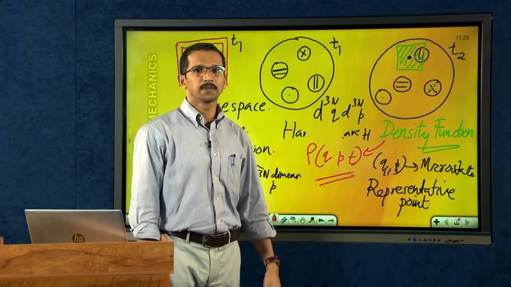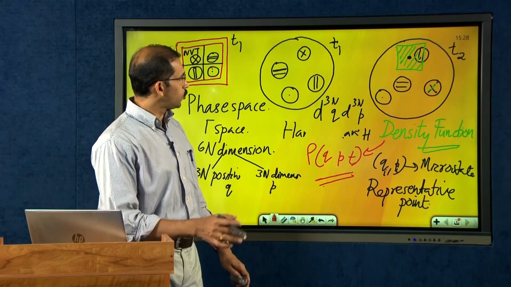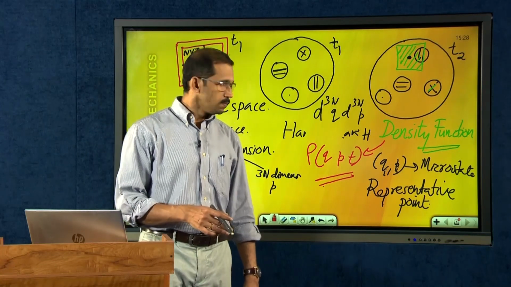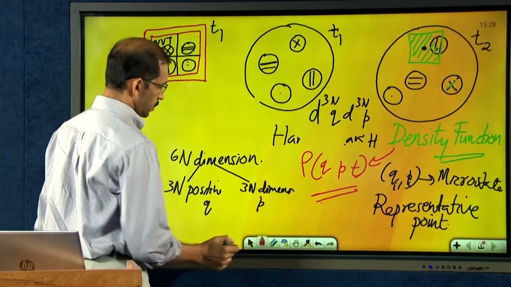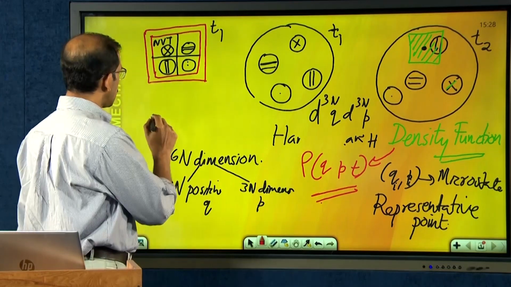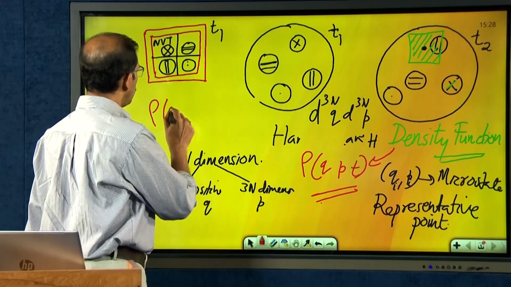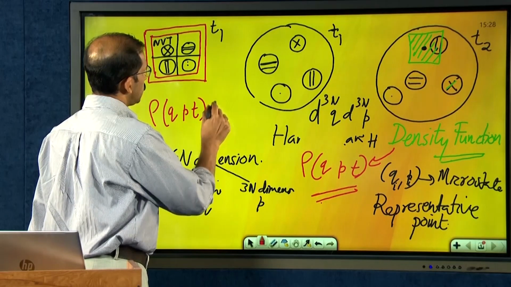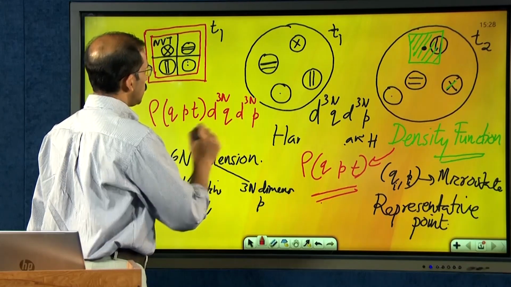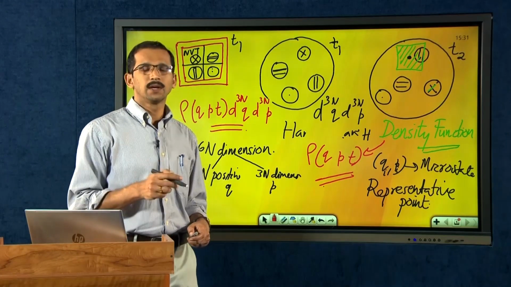So, the density function is generally represented by rho of q p t, and therefore, if you took a volume d^3n q d^3n p, I can always write the entire count or the number as rho of q p t d^3n q d^3n p. So, that is another way of talking about the density function.